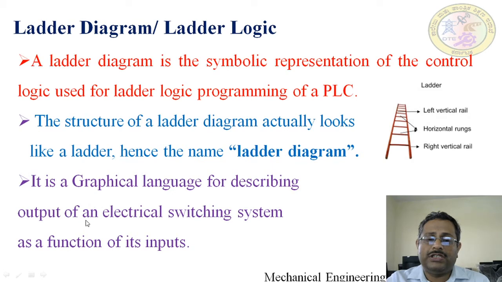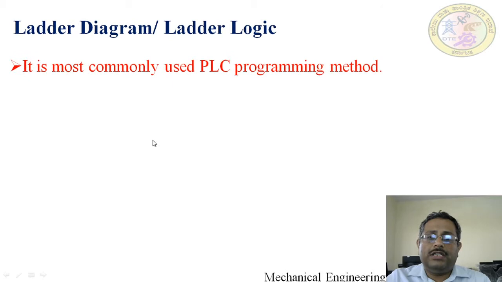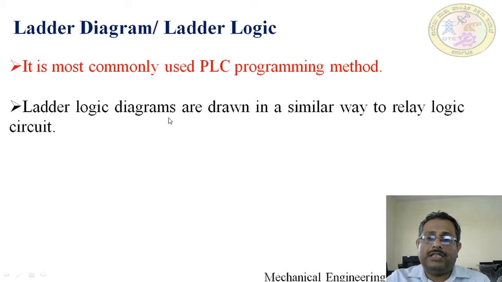The output is a function of its inputs. Here we are describing all those things in a graphical language using suitable symbols. And it is the most commonly used PLC programming method compared to others. And it is drawn in a similar way to a relay logic circuit.